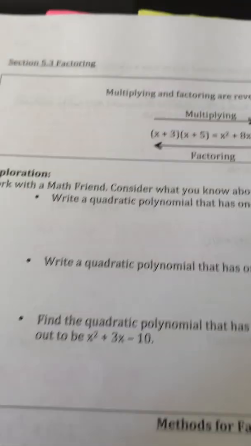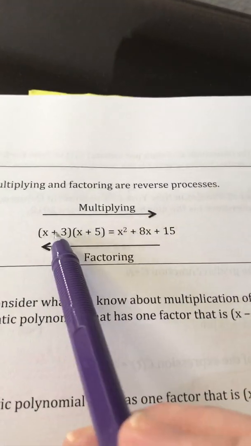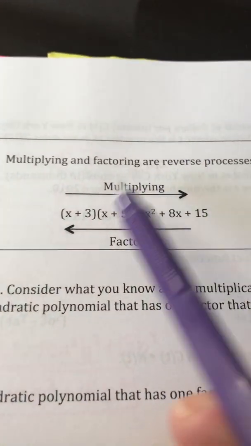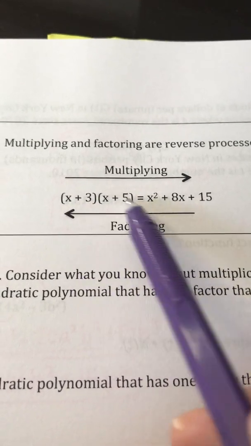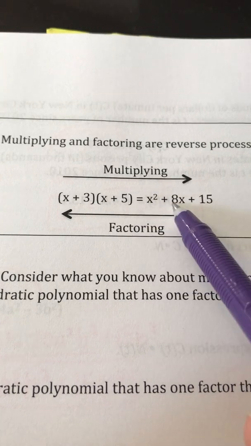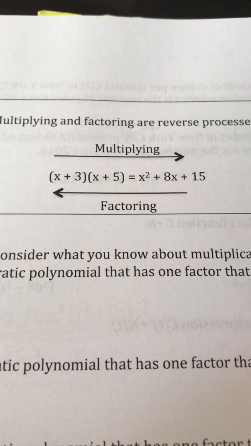Okay. So, section 5.3, factoring. Yesterday we worked on multiplication of different polynomials. When we had, for instance, these two binomials, we multiplied them using FOIL or the box method, and we ended up with a quadratic equation.